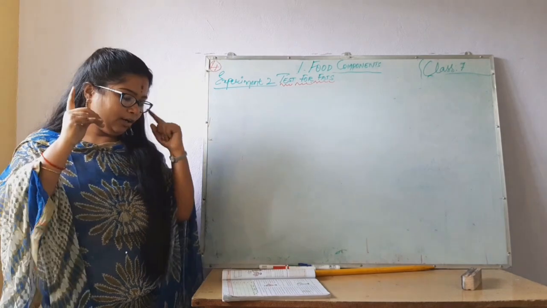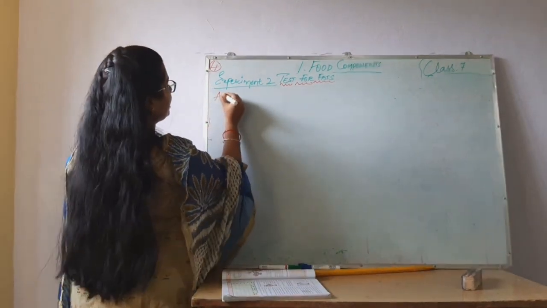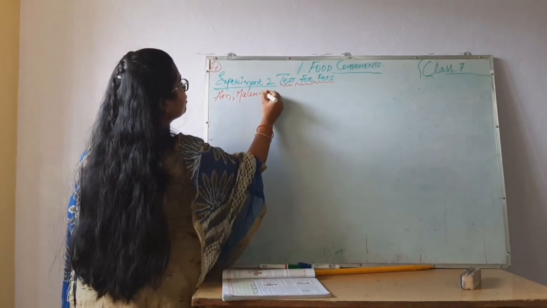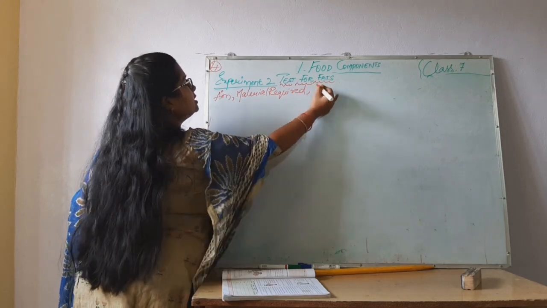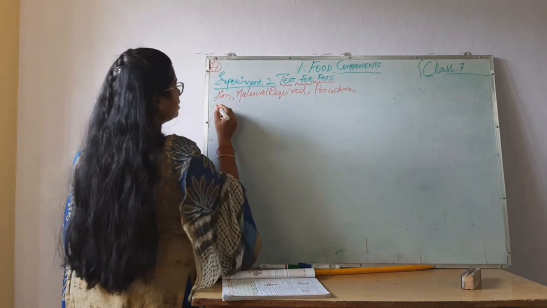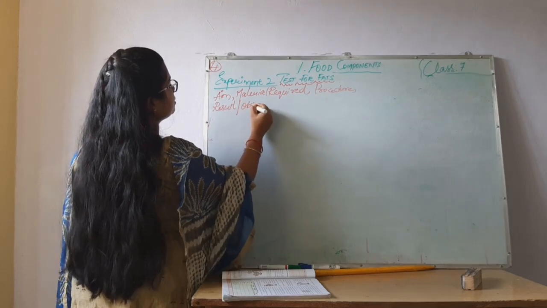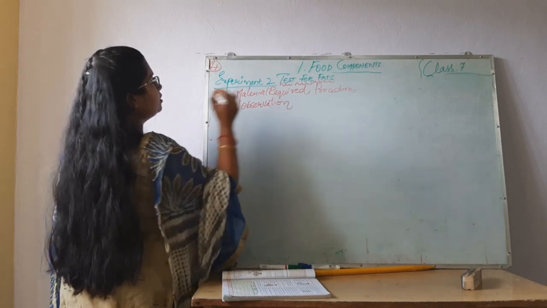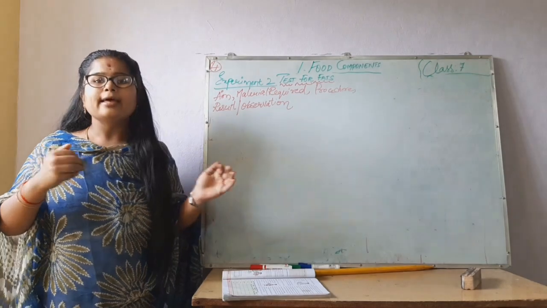I already told you what you have to do while writing experiments: aim, materials required, procedure, result or observation. You are supposed to write all these things before you test any experiment.